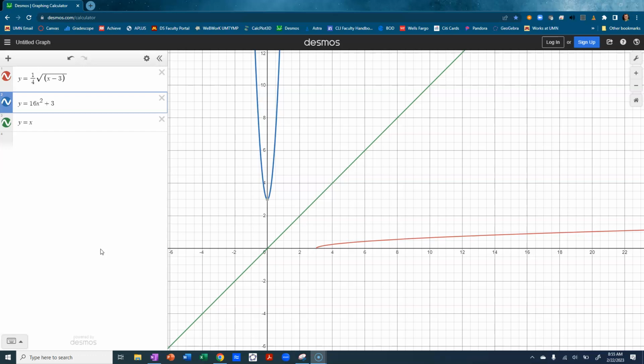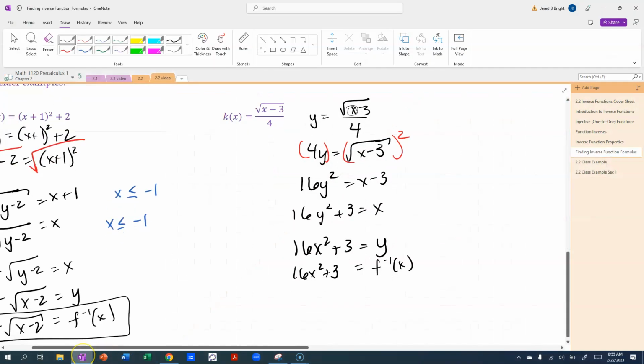Here we might need to do a little more thinking, specifically about the domain and range. If we think about the domain for the original function, the domain is 3 to infinity inclusive for the red function, and its range would be 0 to infinity. Let's capture that.